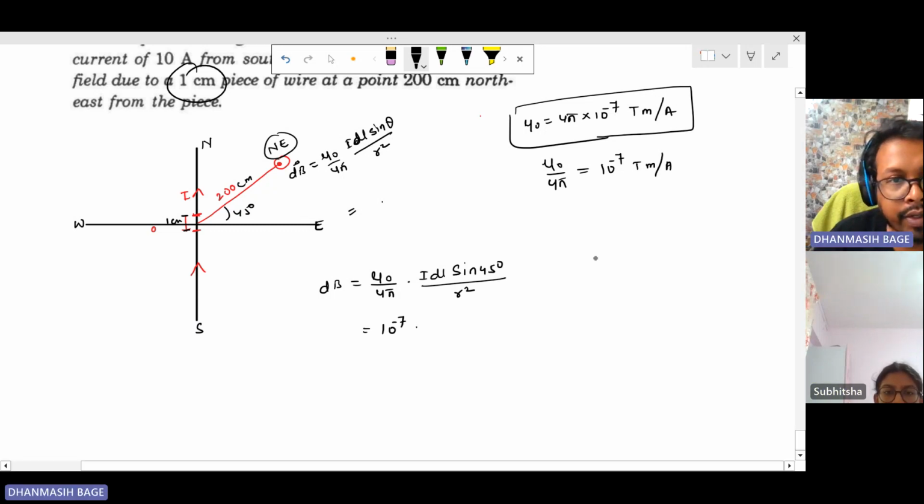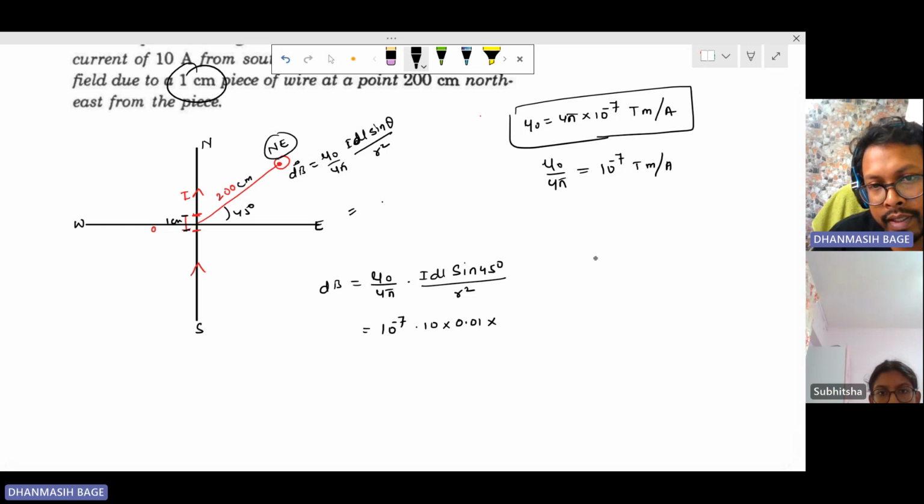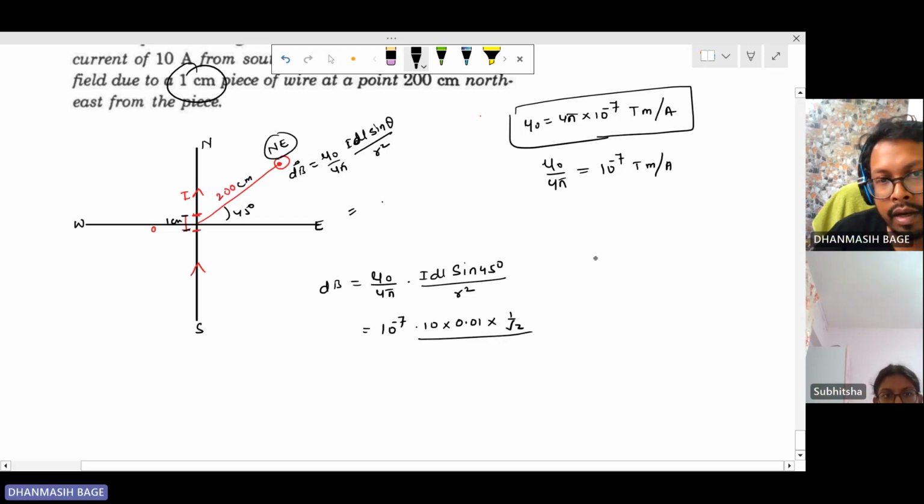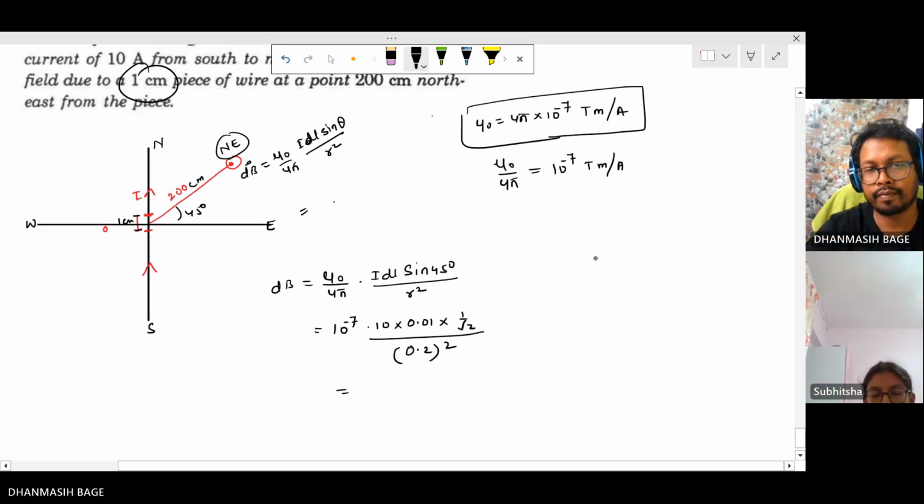I is 10 ampere. dl is 1 centimeter, 0.01 meter. Sine 45 degree is 1 by root 2, divided by r square, 200 centimeter, that is 0.2 square. That will be your answer. Clear? You just need to put the values here.